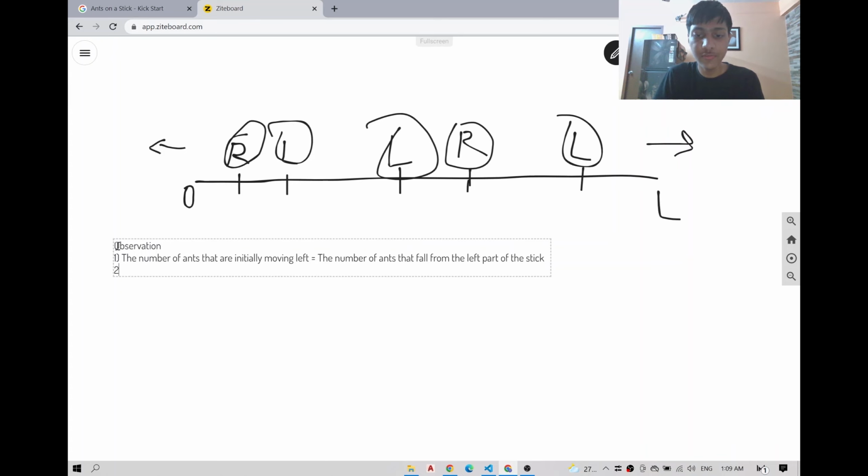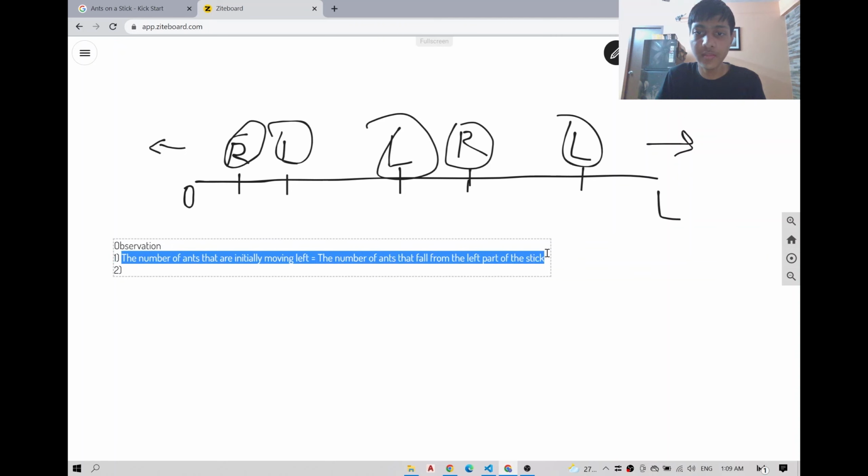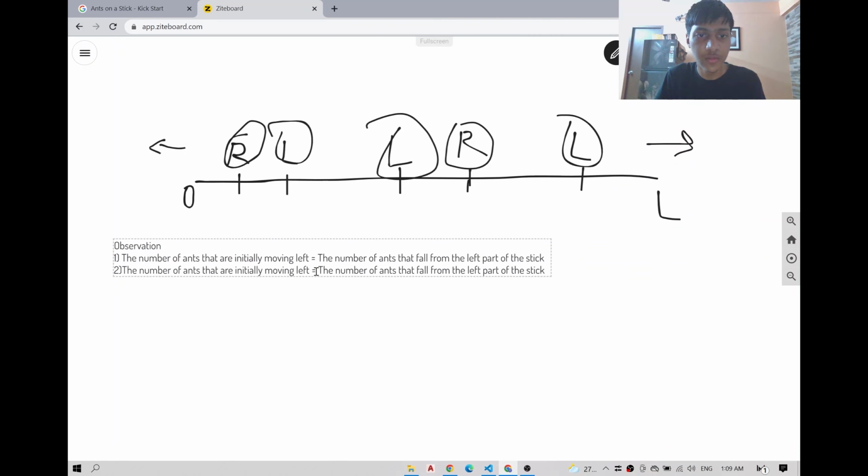And similarly for the ants moving towards the right, the number of ants that move towards the right is equal to the number of ants that actually end up falling from the right part of the stick.